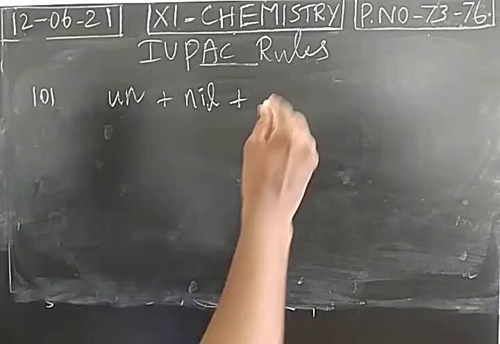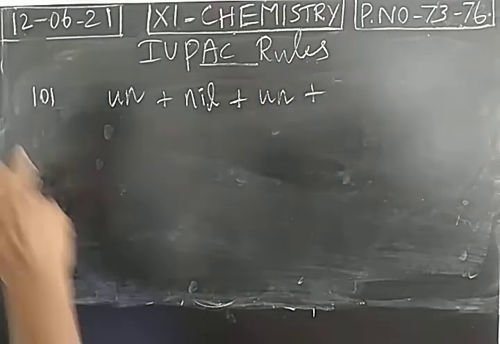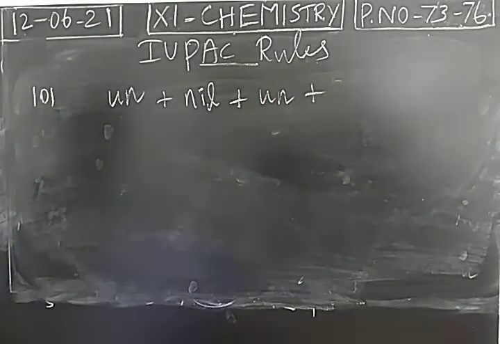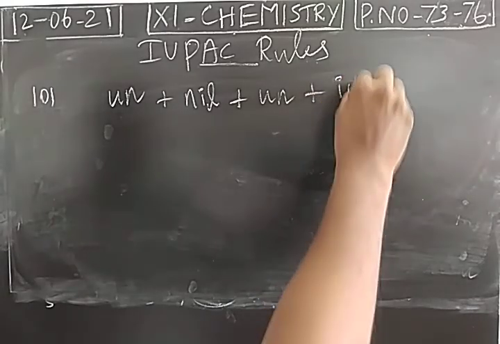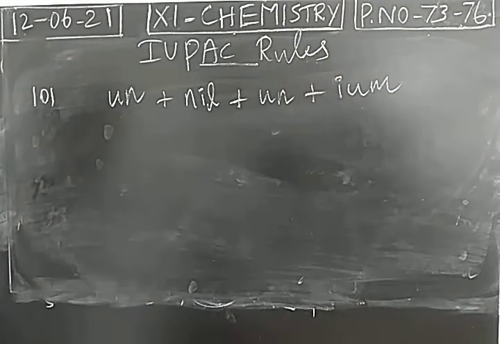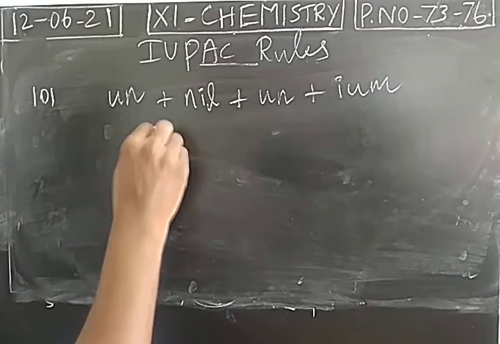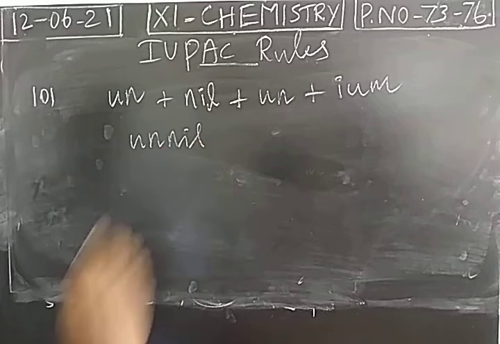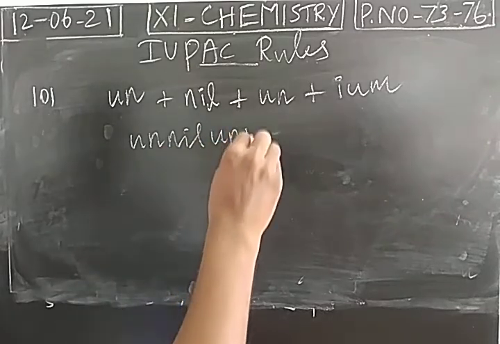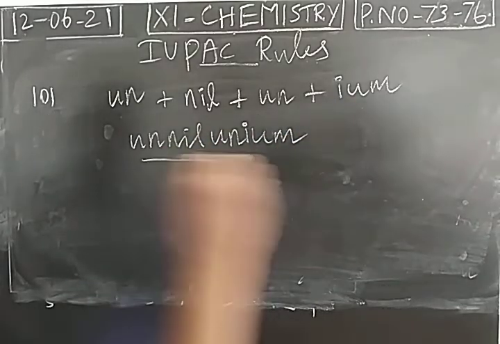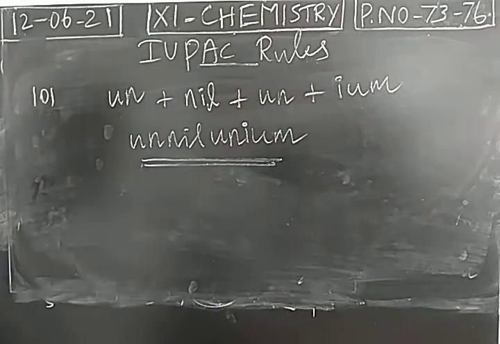For digit 1, root word is un. So for all the digits, we have written the root words. Name should end with suffix ium. So we may write the name as unnilunium.